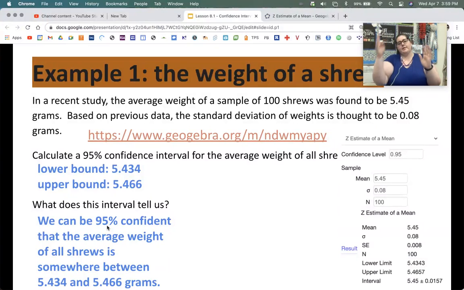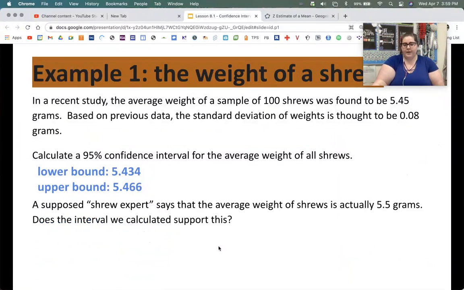So if we were to draw this on that normal model, we've included the middle 95% of values, which is where that came from. So let's say a shrew expert says that the average weight of shrews is actually 5.5 grams. He thinks he knows. Does our interval support what he said? My interval was from 5.434 to 5.466.